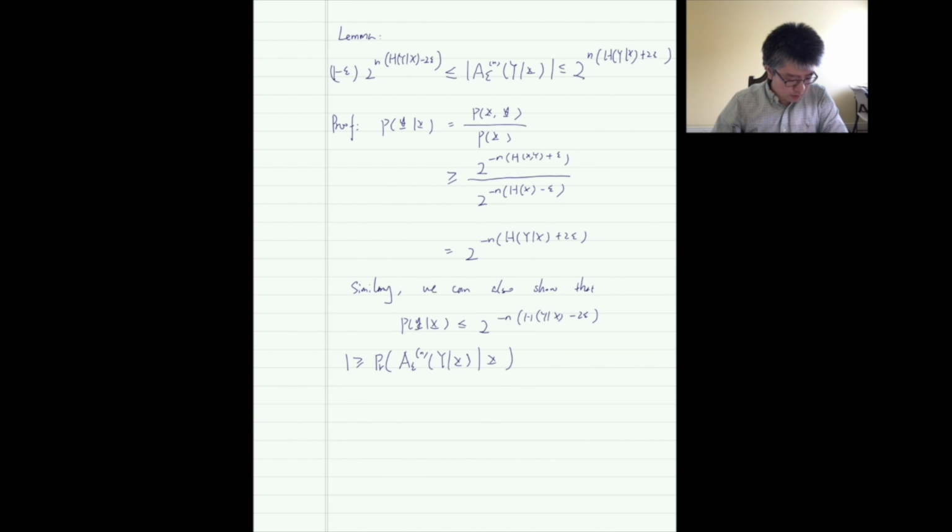We fix x. So this equals the summation over all possible y such that x and y are in the jointly typical set. And then we compute. Inside should be this probability. We just check for each y such that y and x are in the typical set. Clearly we're going to use the lower bound for this that is obtained here.